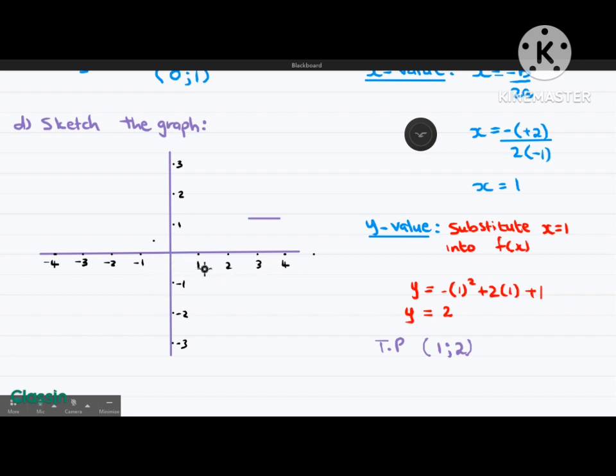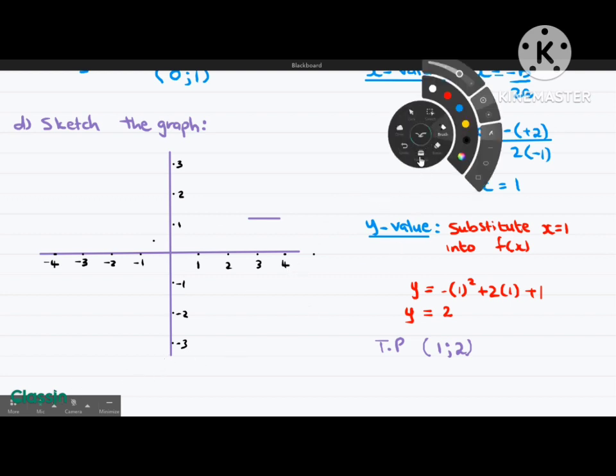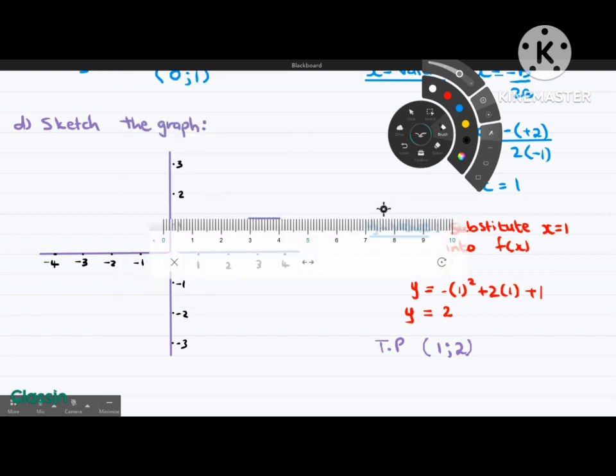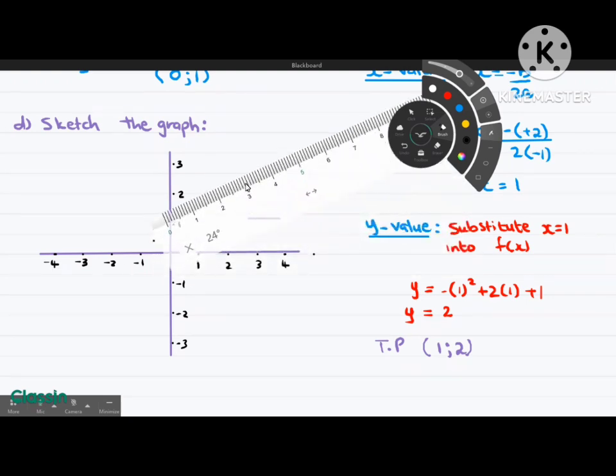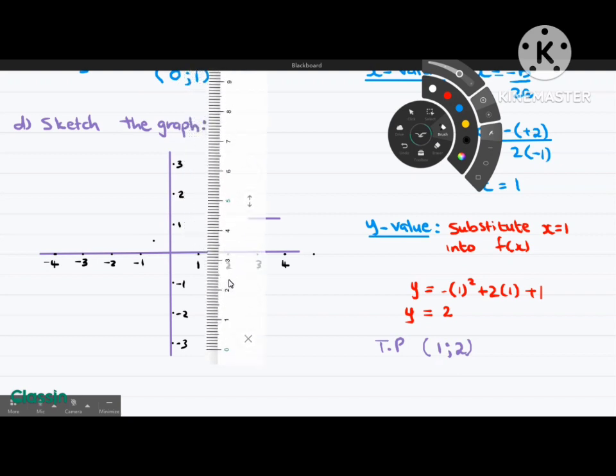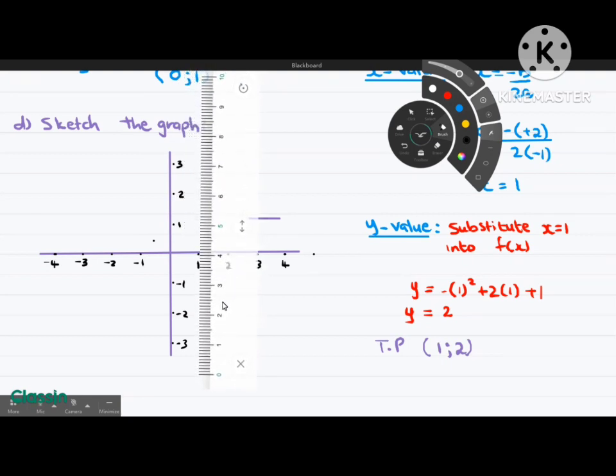So now, if I go and do my readings, let's check. We can start with the turning point. The turning point is 1 and 2. So we need a line that will connect the two things, 1 and 2. So the value of x is 1. Therefore, we are going to have something of this nature.